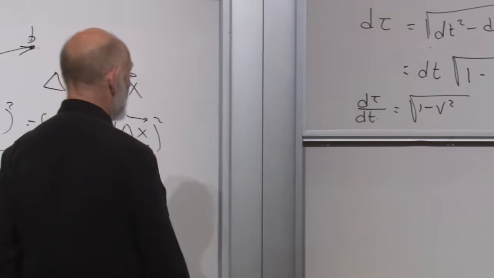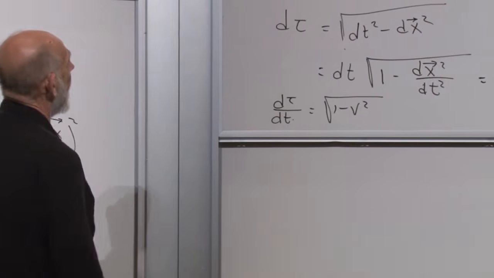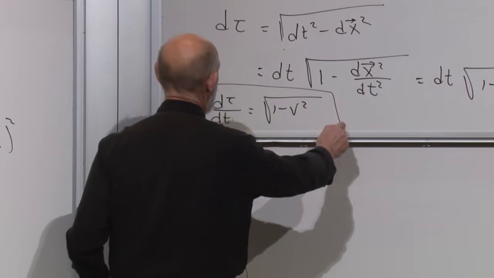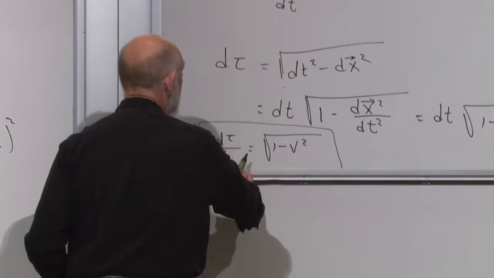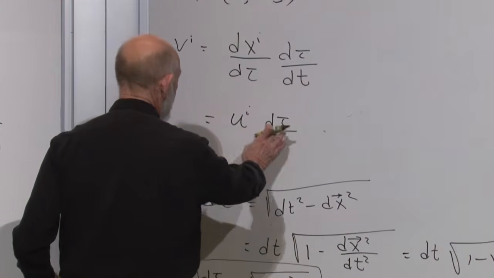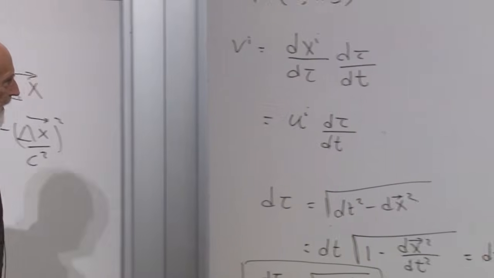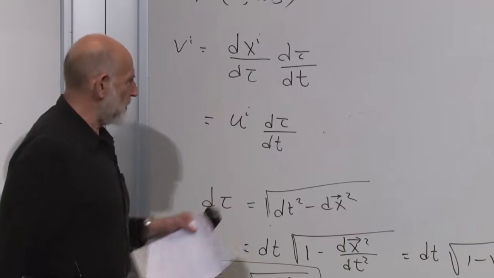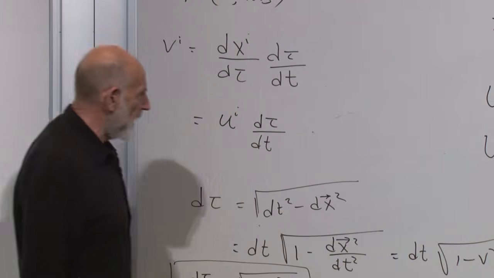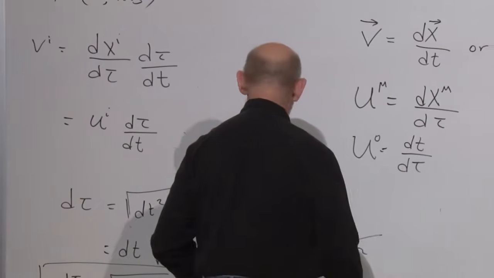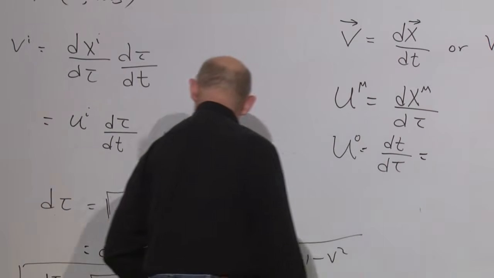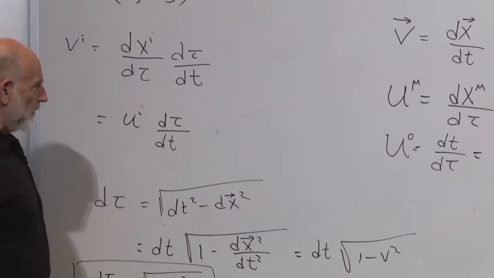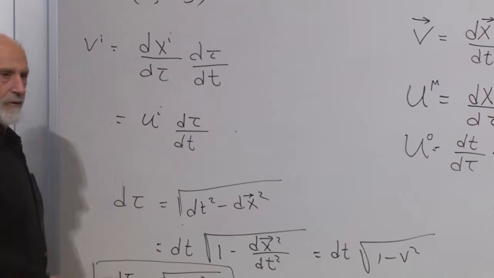All right, let's see, where were we? What we want from here is this equation over here. I've crowded too many equations together, and I'm making a mess of the blackboard. First of all, u naught is equal to dt by d tau. d tau by dt is the square root of 1 minus v squared, so dt by d tau is 1 over that.